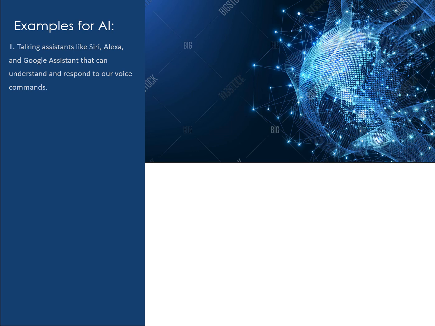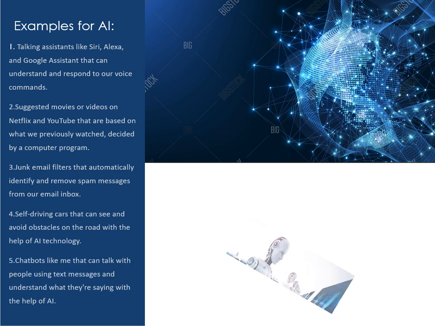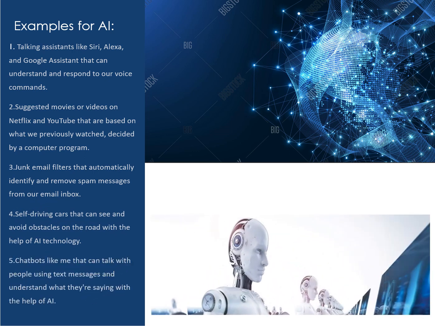Now let's see the examples for AI. We can talk with assistants like Siri, Alexa, and Google Assistant that can understand and respond to our voice commands. Suggested movies or videos on Netflix and YouTube that are based on what we previously watched, decided by a computer program.